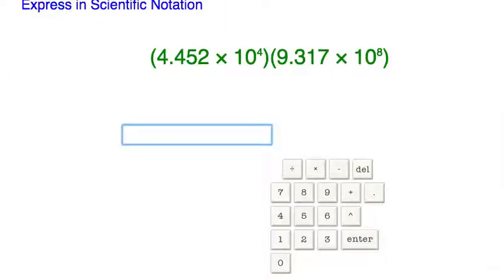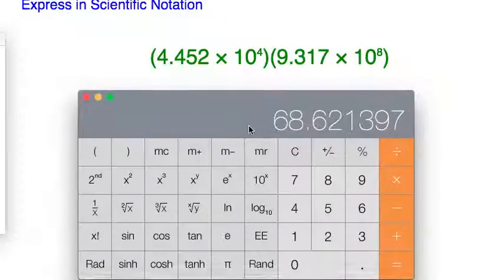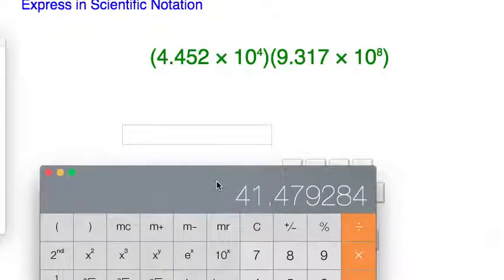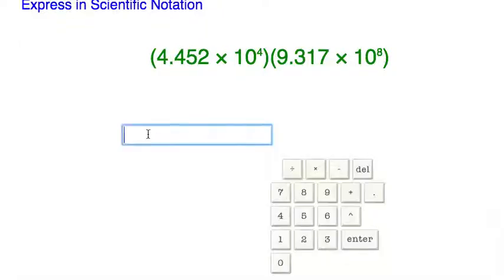All right, let's do this one quickly. So I'm going to multiply those two together. 4.452 times 9.317 is equal to 41.479284.